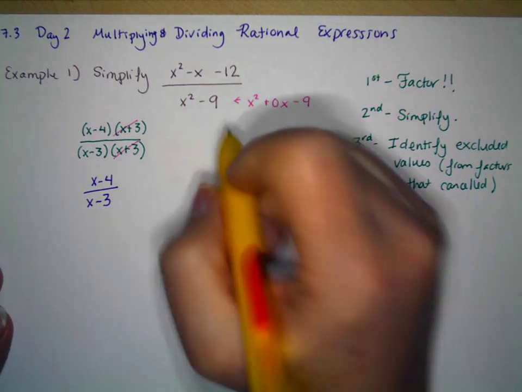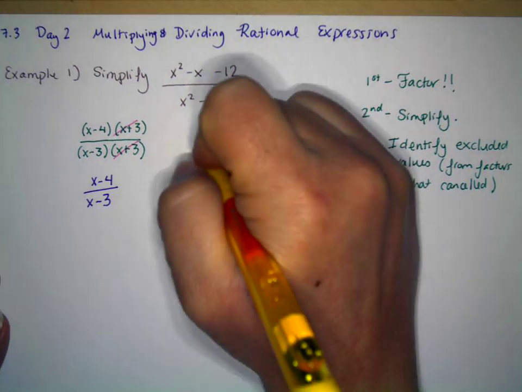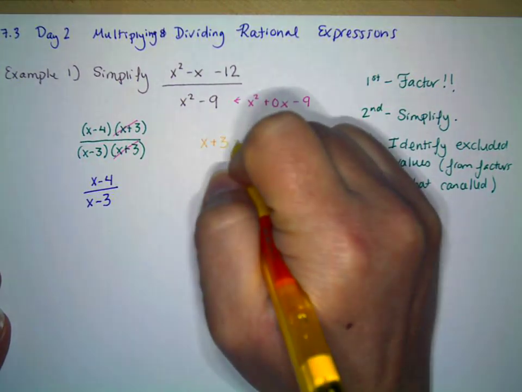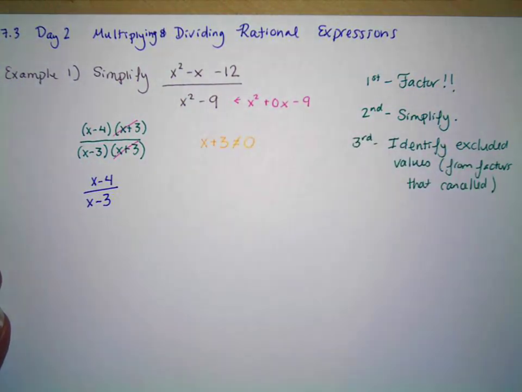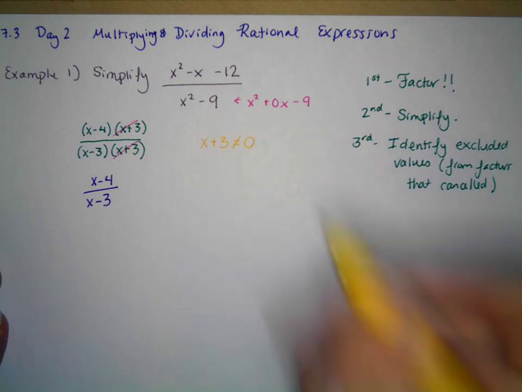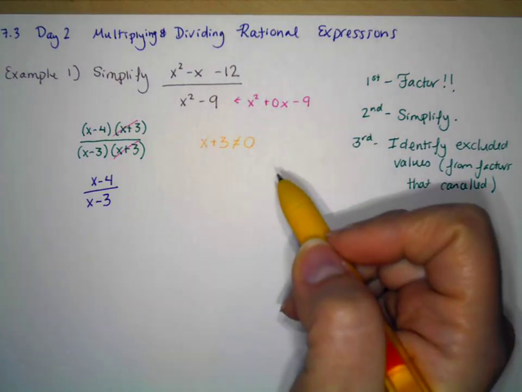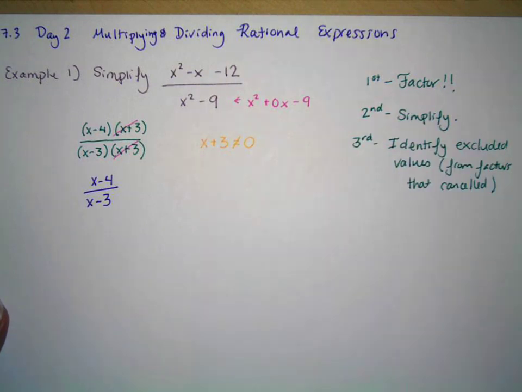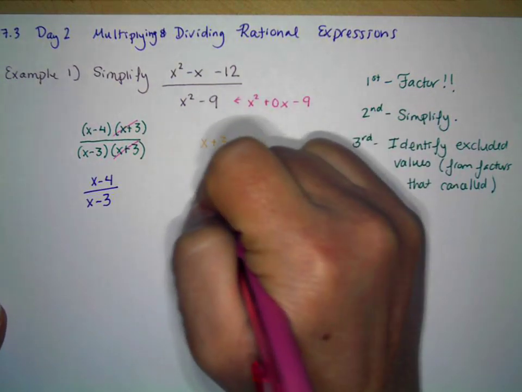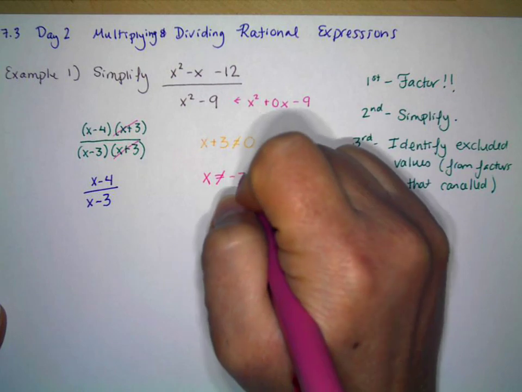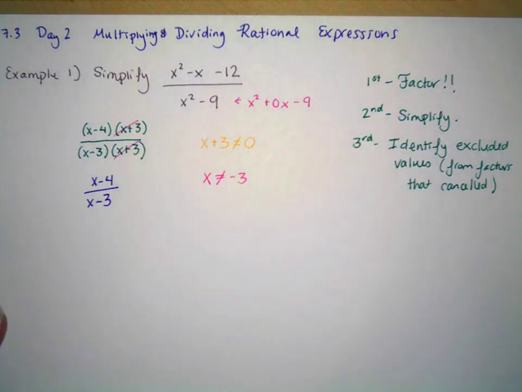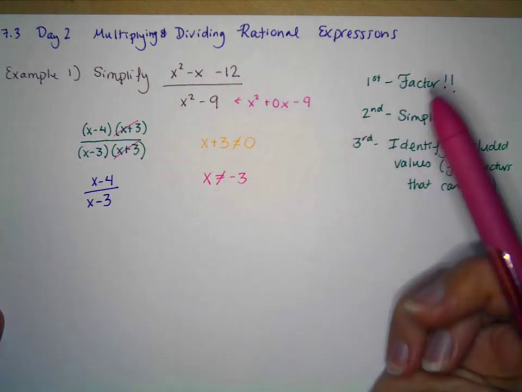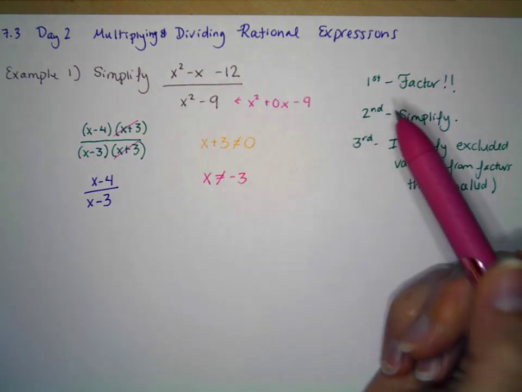And we need that factor to not equal 0. Okay? And so if we just treat this like a little equation, if we subtract 3 from both sides, we're going to get that x cannot equal negative 3. If we were to put negative 3 into our original expression, okay, it would mean we would end up dividing by 0, right?